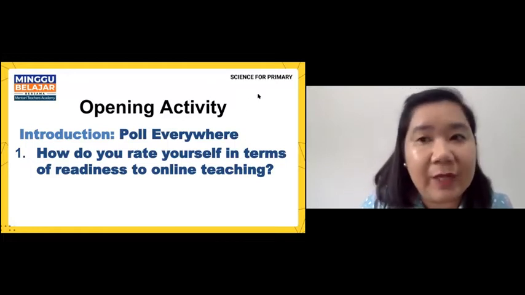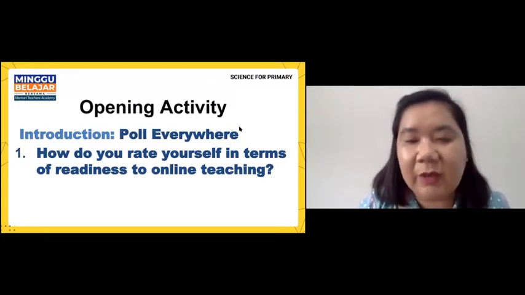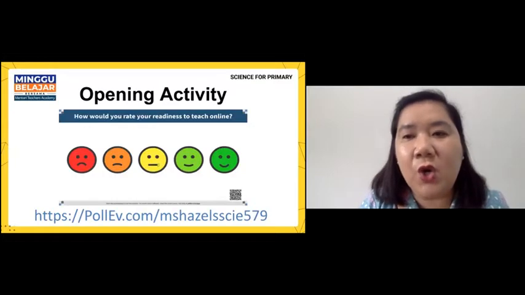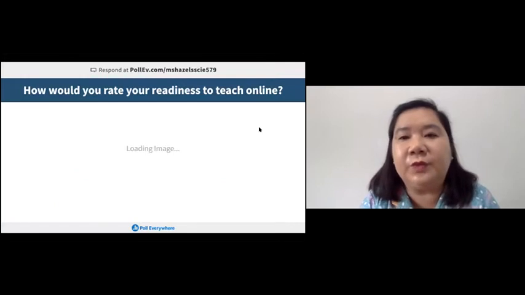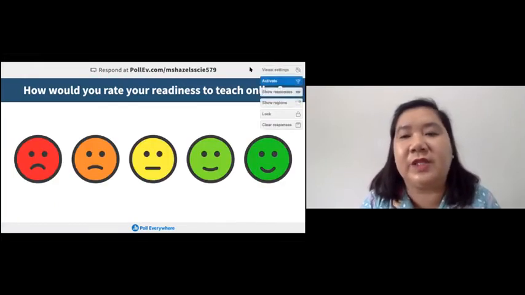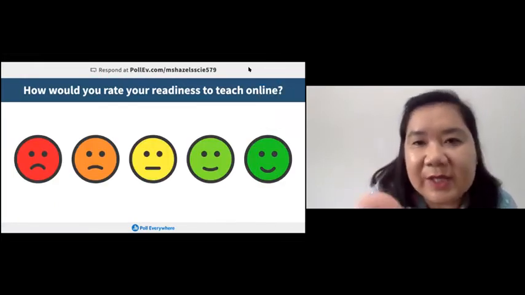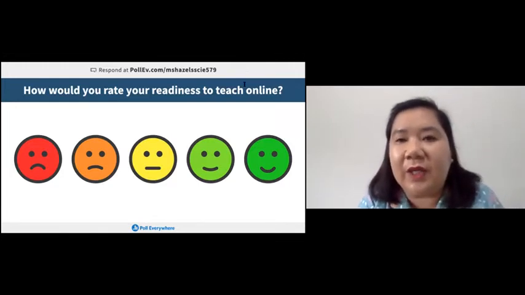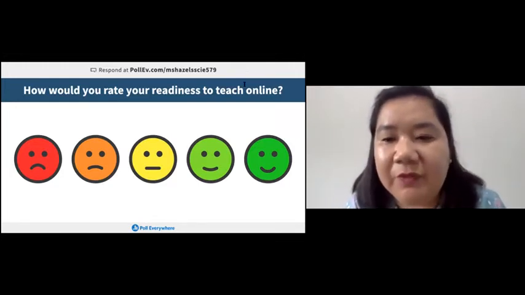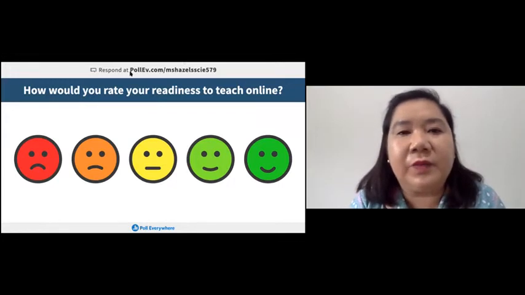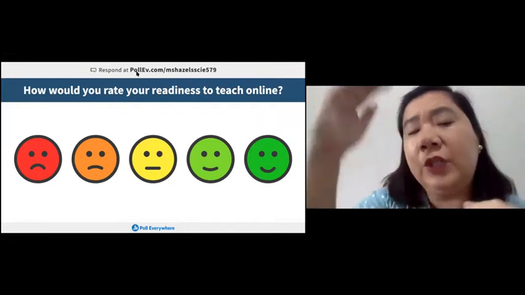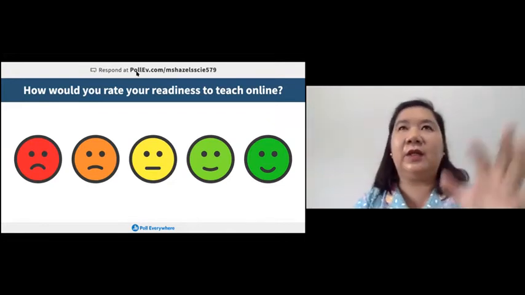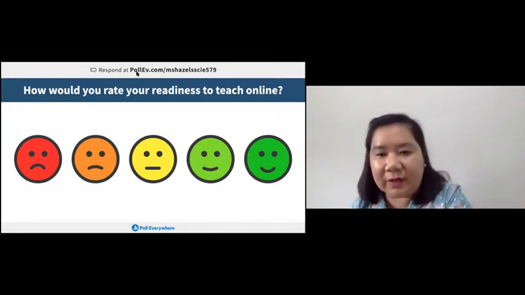Feel free. Just like what I told you, there will be no wrong answers. You are free to do this. If you can see on my screen, Miss Cindy, I need your help for this. Can you see in your screen, there is a code that you need to enter?